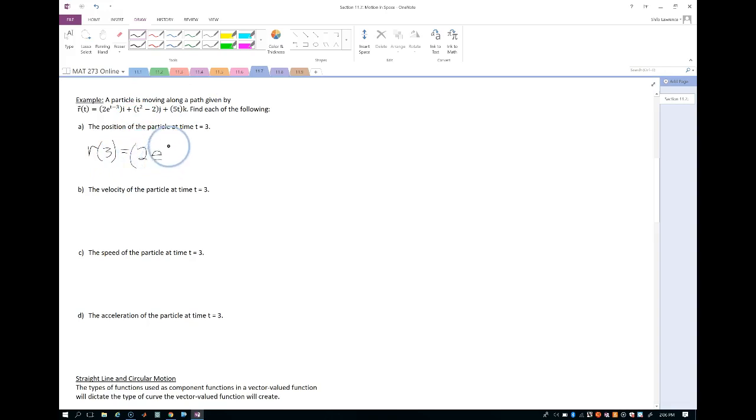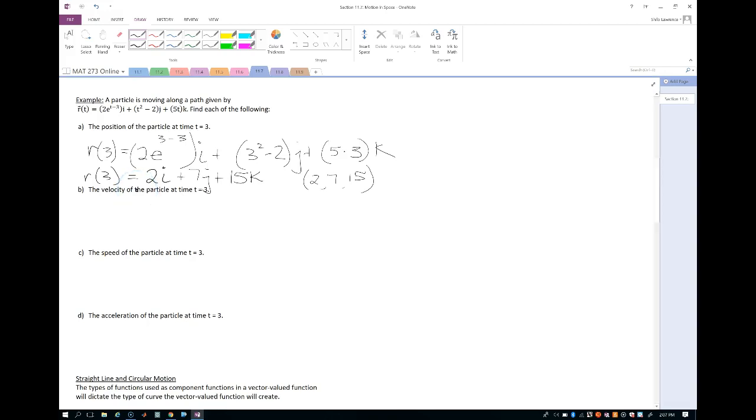And when we do that, we get 2e to the 3 minus 3 i plus 3 squared minus 2 j plus 5 times 3 k, which after we simplify, this tells me that my particle, after 3 seconds or 3 minutes or 3 hours, we didn't assign a time unit here, our position is going to be 2i plus 7j plus 15k, or we could also just think of this as the point 2, 7, 15.